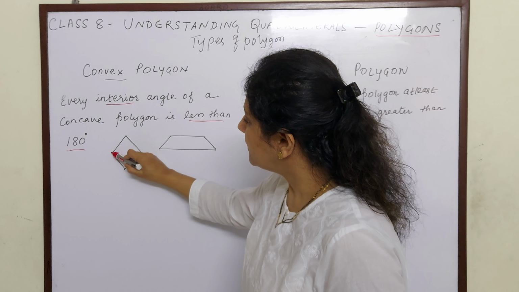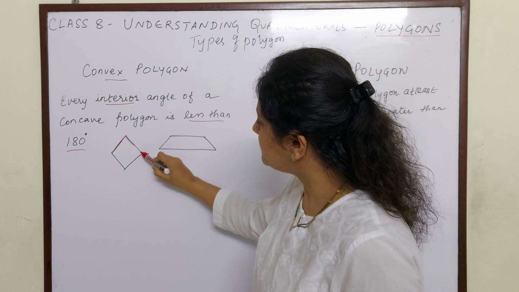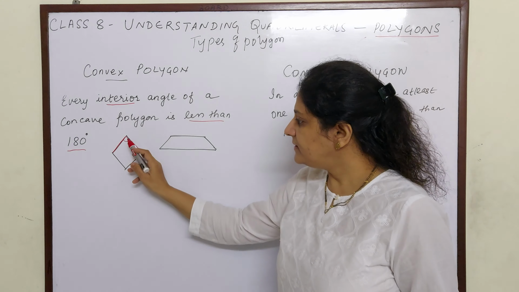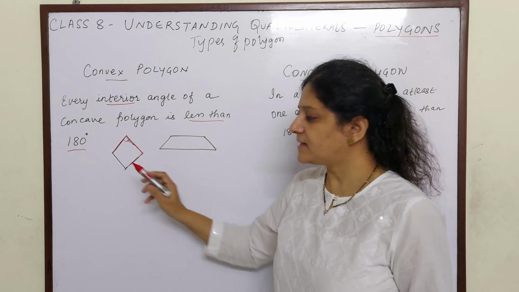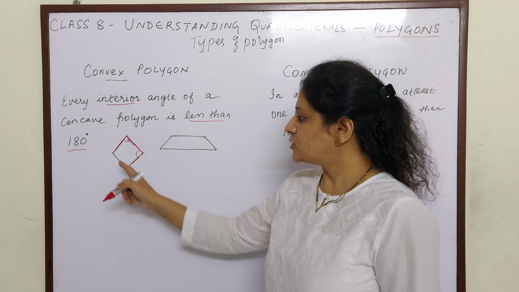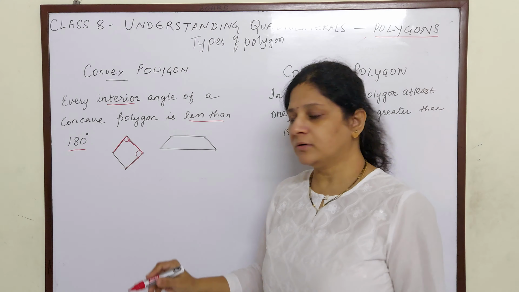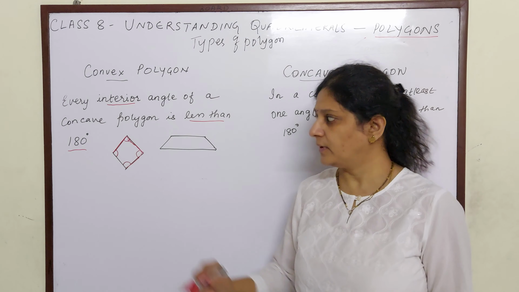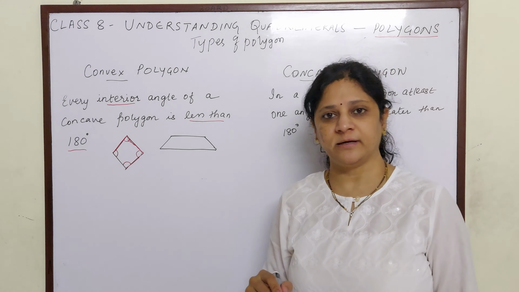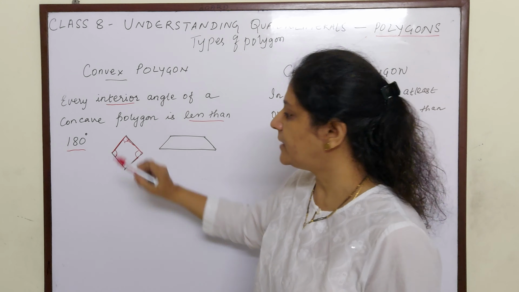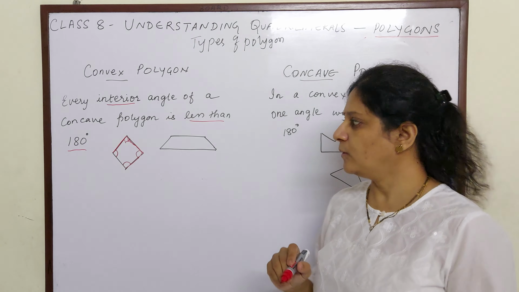See, when these two line segments meet, the interior angle formed is this one. When this line segment and this line segment meet, the interior angle formed is this one. The number of sides is 4, so the interior angles formed will also be 4. And here in each polygon, the angle will be less than 180 degrees. That means the measurement of this will be less than 180.